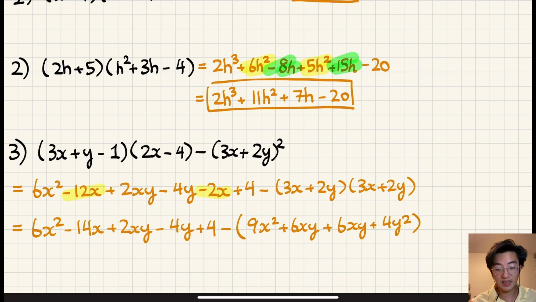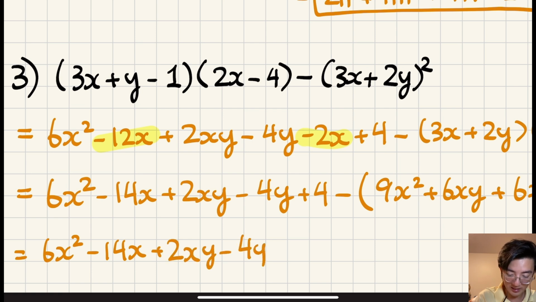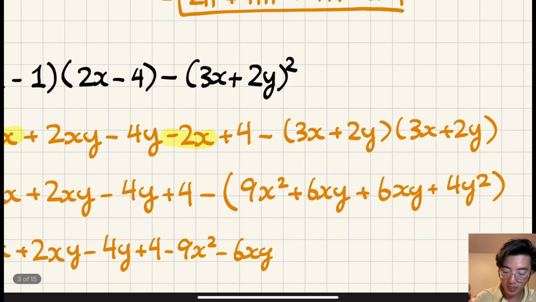Since we have a negative sign, we have to make sure everything gets converted properly. Oh, I really wish I had space for this. Okay, I'm gonna write slightly smaller here for the next line. So it's minus 9x squared minus 6xy minus 6xy again and minus 4y squared.